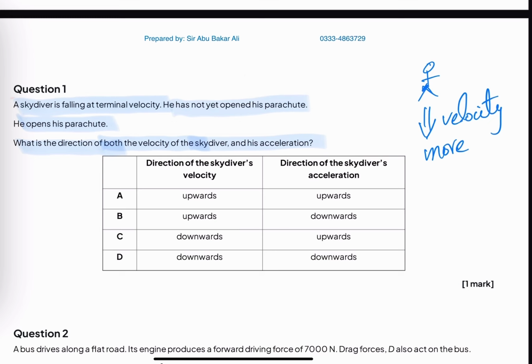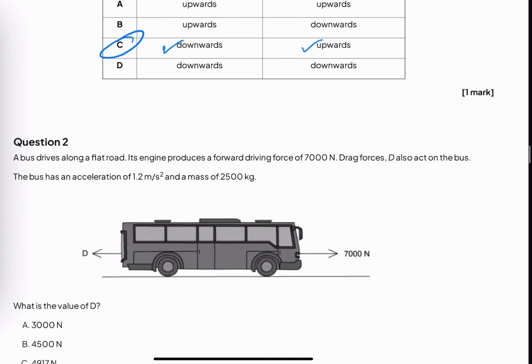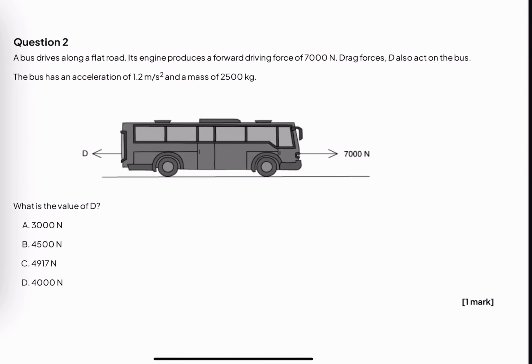Decreasing velocity is called deceleration, so its acceleration will be opposite to the direction of motion. So its acceleration is upward and velocity is downward. It's option C.